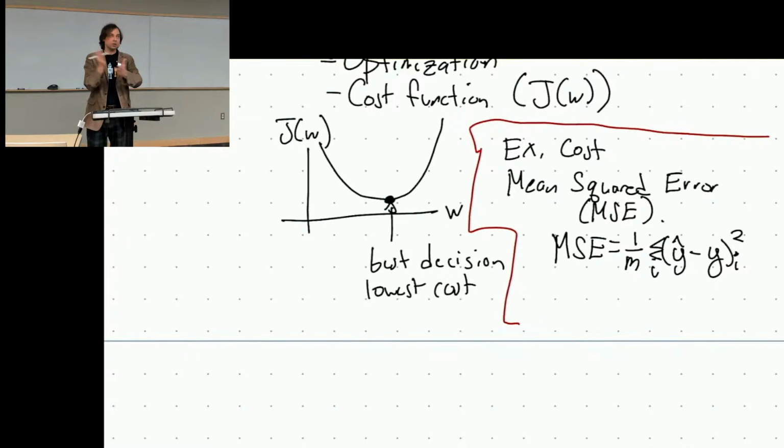That way, when you're close, that error is 0. You sum up across all the data points, boom, mean squared error. This is the number of data points, of training points.